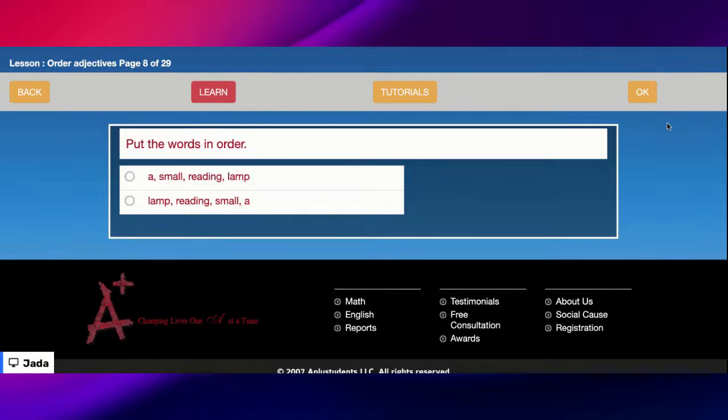What's our answer on this one? What's the right answer here? Option one, a small reading lamp. Okay, good guys.